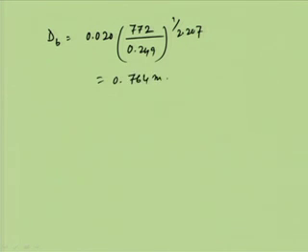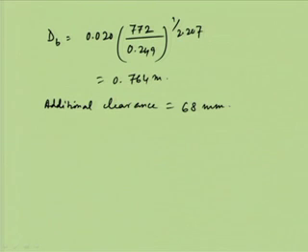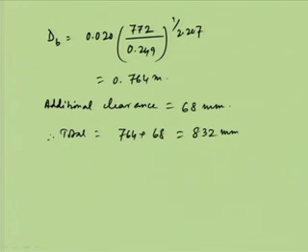So, this is the bundle diameter of the tube, and the additional clearance is 68 millimeter, some value we have taken, and the total is 764 plus 68 equals 832 millimeter. That should be the inner diameter of the shell.